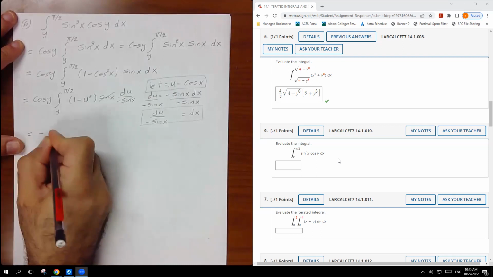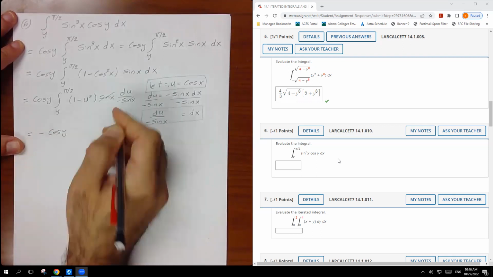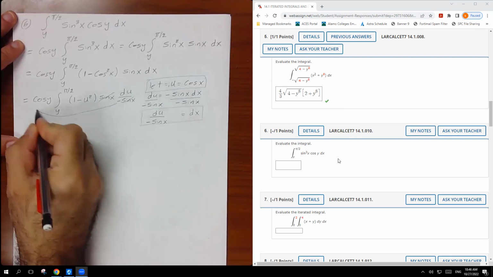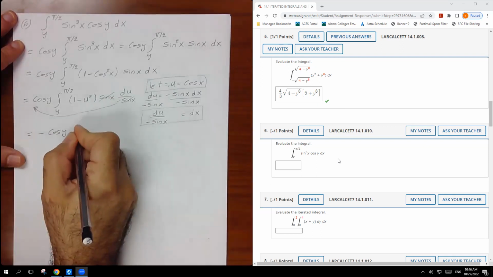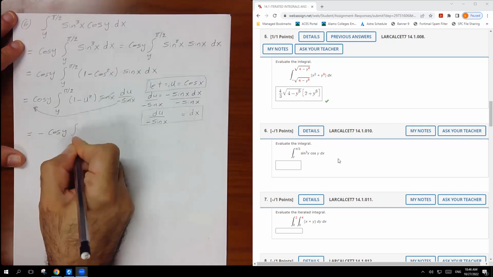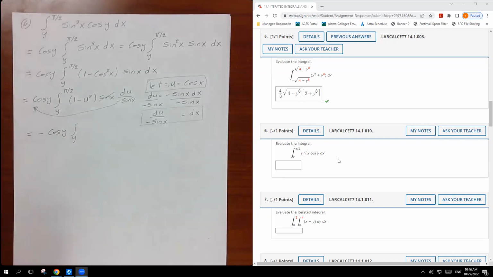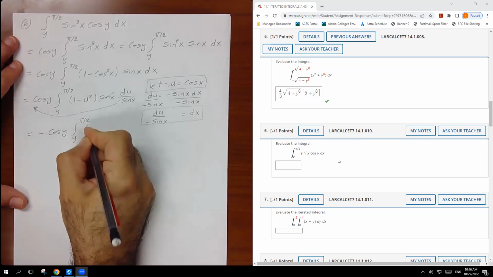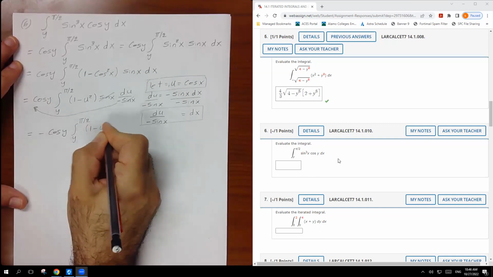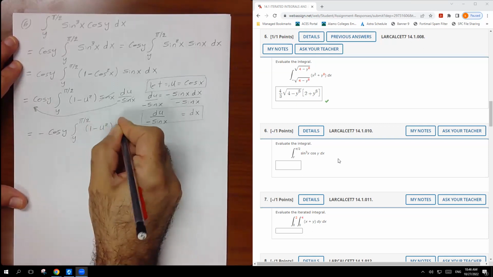Take the negative sign out. So it's going to be negative cosine y. So this negative sign is going to go out here, and the integral from y to pi over 2 is going to be 1 minus u squared du.